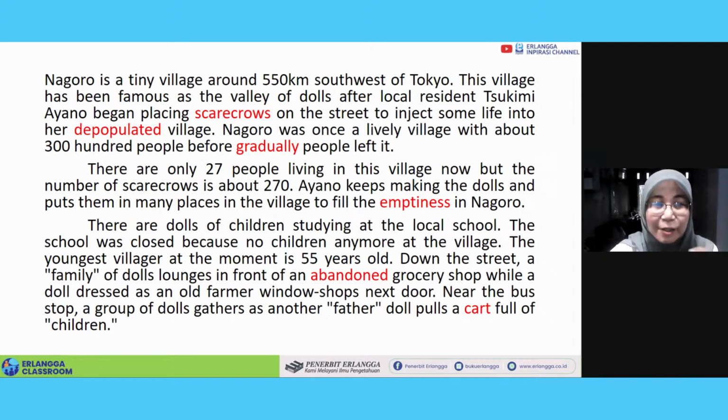The school was closed because there are no children anymore in the village. The youngest villager at the moment is 55 years old. Yang paling muda saat ini di Nakuru itu 55 tahun umurnya. So the school was closed because no children at all now.